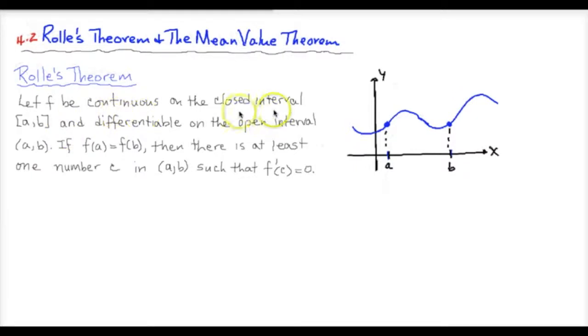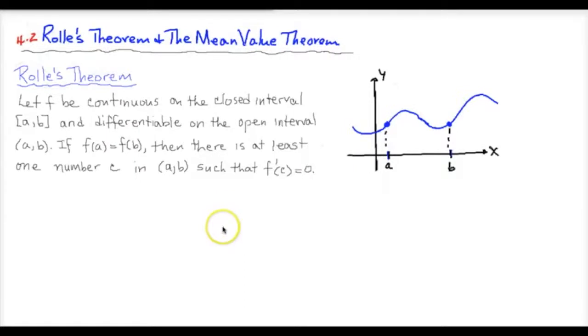So if f is continuous on a closed interval from A to B and differentiable on the open interval from A to B, and if f of A is equal to f of B, then Rolle's theorem says that there is at least one number C in the open interval from A to B, such that the derivative evaluated at C is equal to 0. Okay, f prime of C is equal to 0.